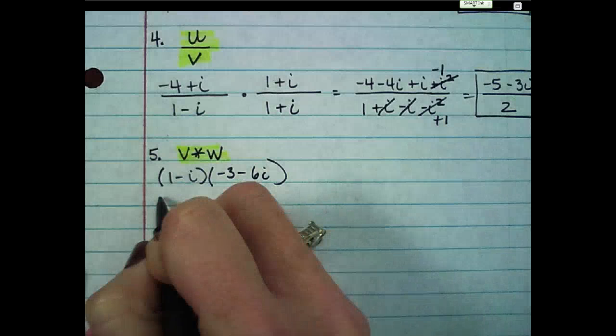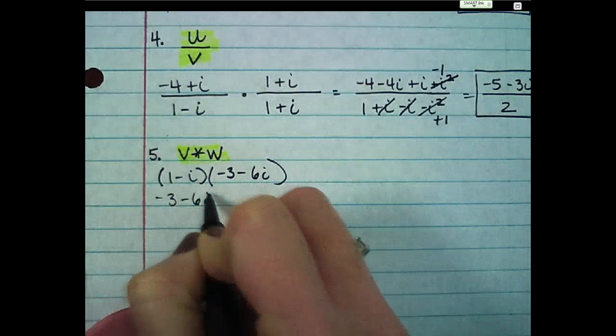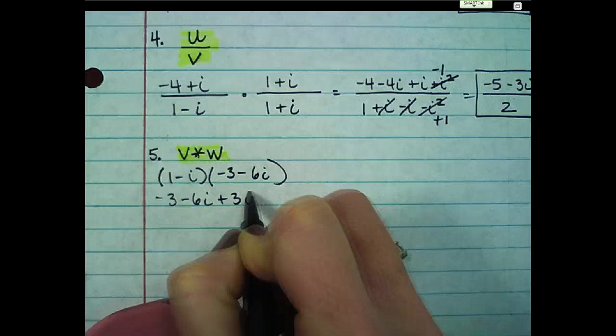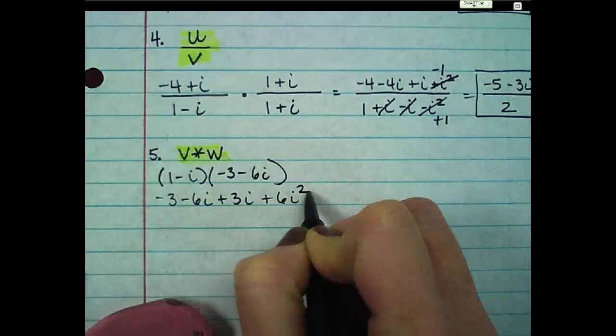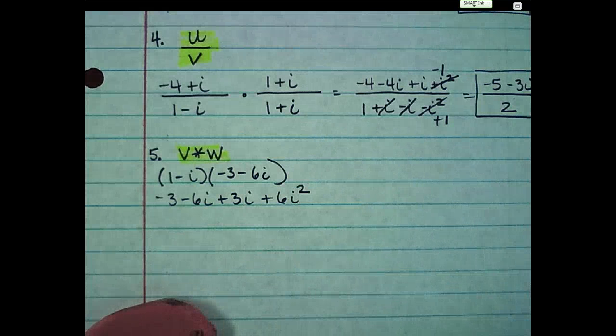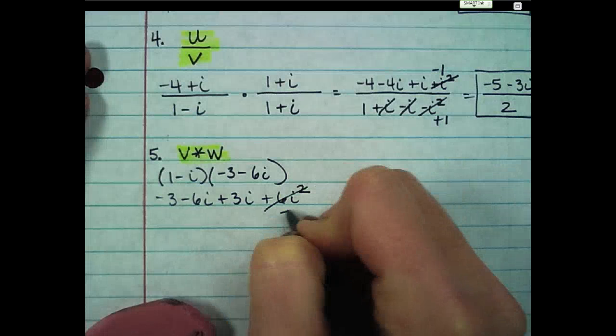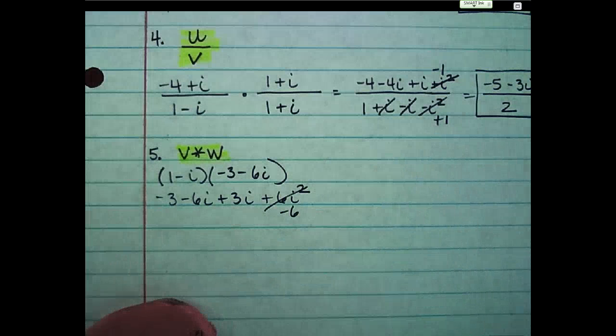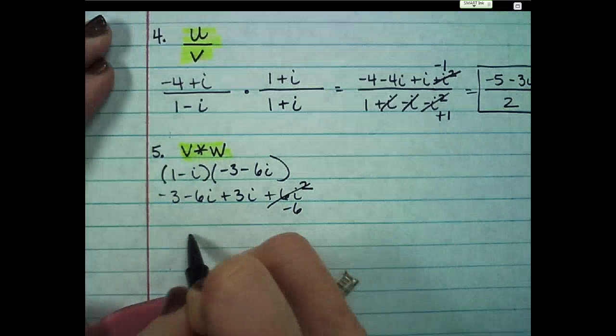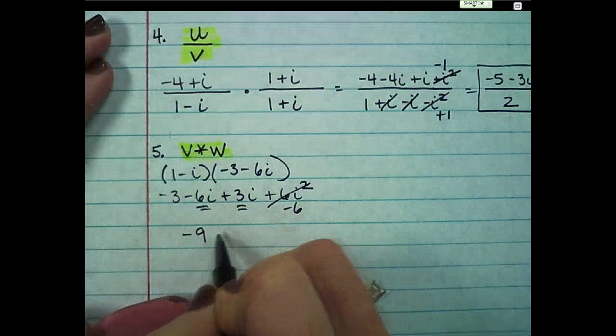You should end up with -3 minus 6i plus 3i plus 6i squared. What are we going to write instead of plus 6i squared? What is that actually going to be? It's like taking 6 times -1, right, which is -6. Combine the real numbers first, so you have -9, and then the imaginary numbers with your -3i.